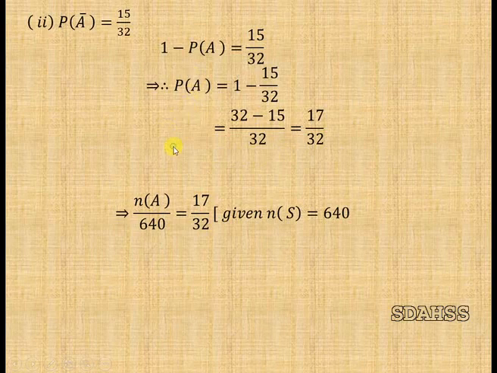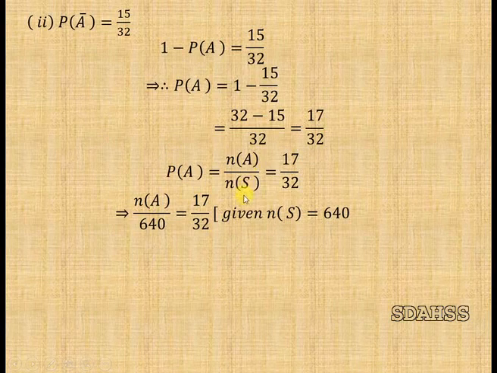P of A can be written as n of A by n of S. We know that P of A is equal to n of A by n of S is equal to 17 by 32. In the question it is given that n of S is equal to 640.